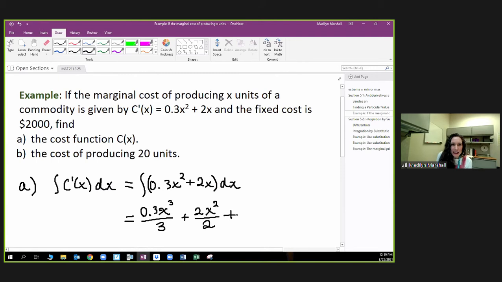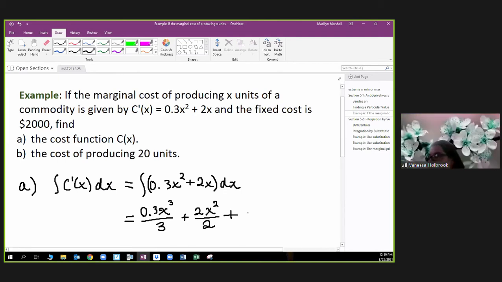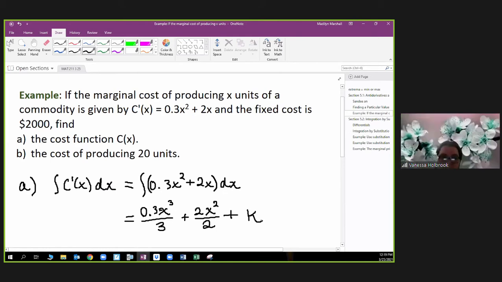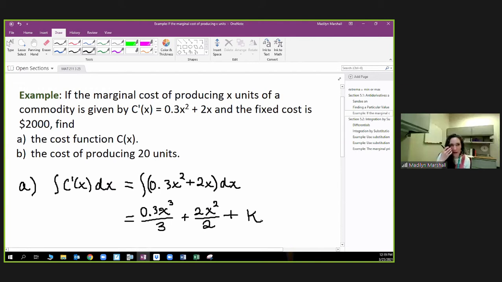I'm not going to write C here because C is already representing cost, but we do still need that constant added. So I'm just going to use K instead of C. The letter we use to represent the constant is arbitrary. I just don't want to confuse it with the cost function.